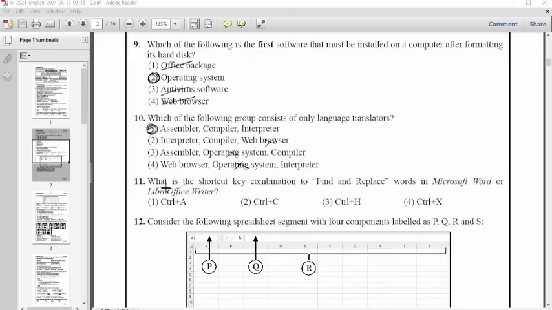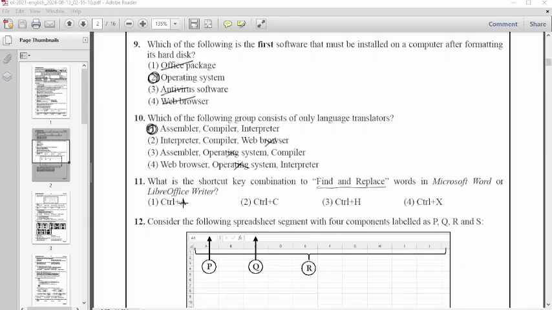For this one I would say 15 seconds maximum is where you should spend time. Here's another one. What is the shortcut key combination to find and replace words in Microsoft Word or LibreOffice Writer?